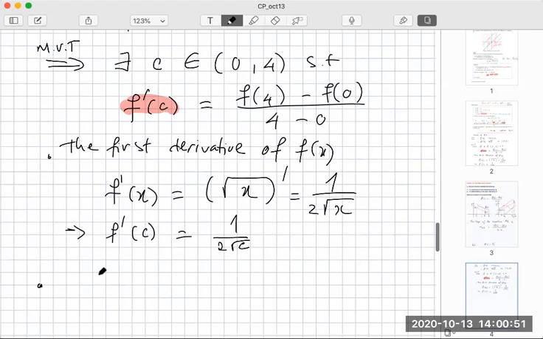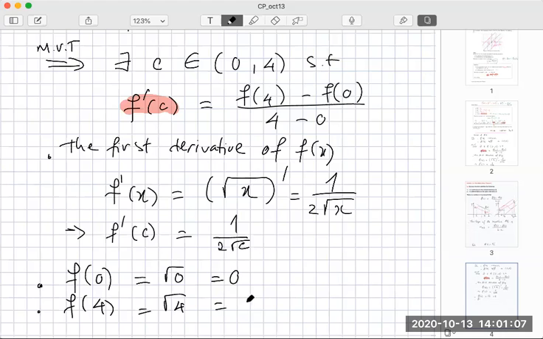And what else should we know? Yes, square root of 0, or simply 0. And f of 4, yes, which is 2, right?